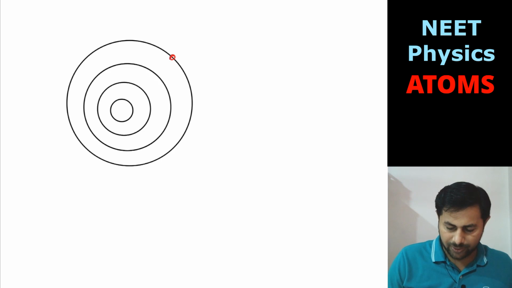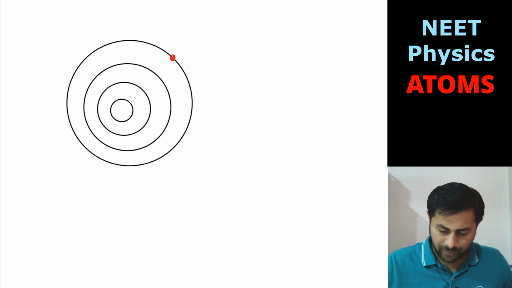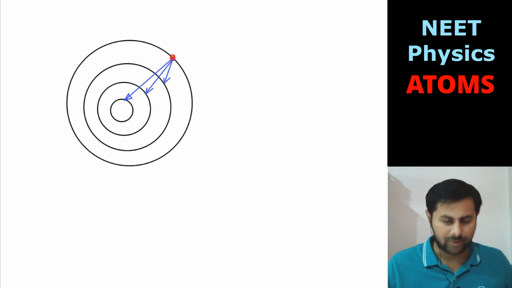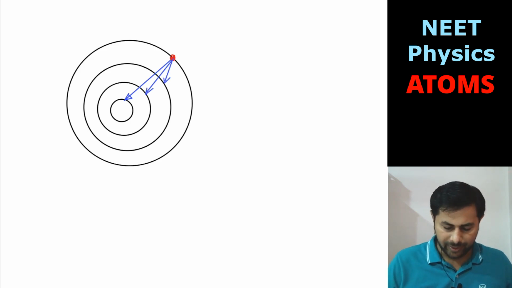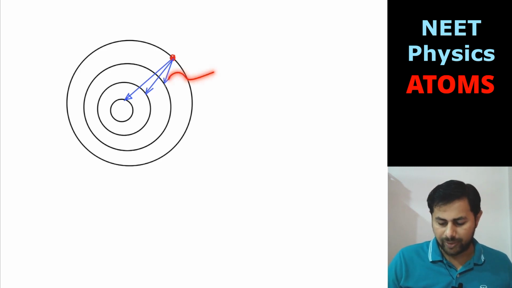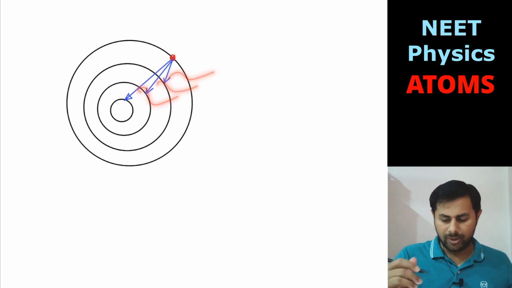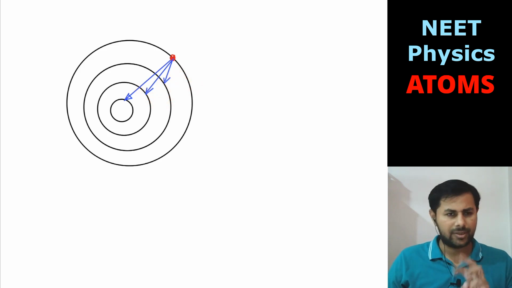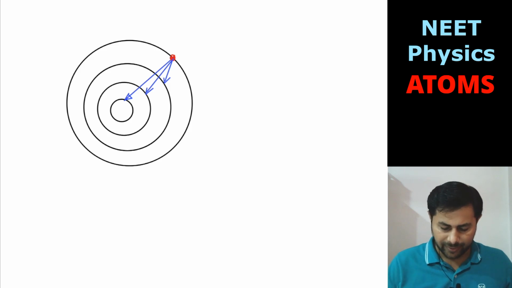It can go from fourth directly to the first orbit, or to the second orbit, or directly to the third orbit. So how many photons can it emit when it jumps from the fourth to some state? 3 photons, 3 different spectral lines.